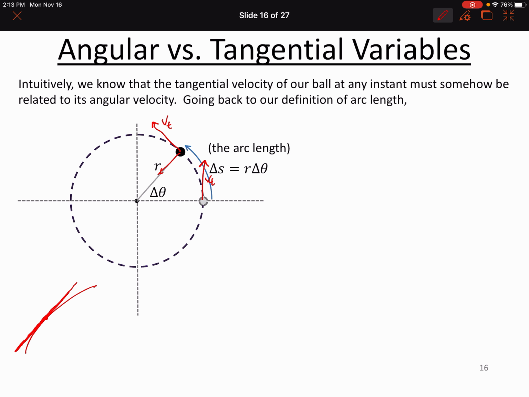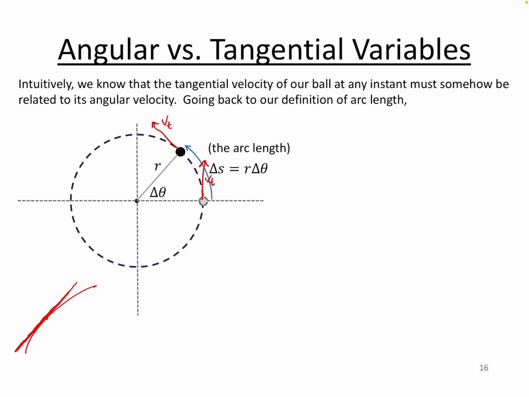So hopefully that's clear. Now, how is that tangential velocity related to the angular speed? We know it must be. If you're going around that circle more times in a second, then you would expect your tangential velocity to be larger.